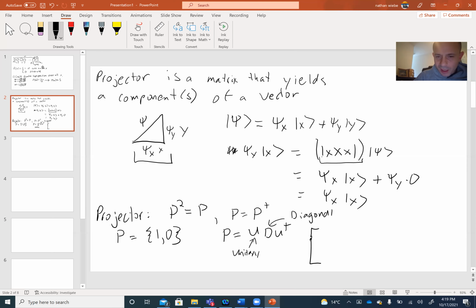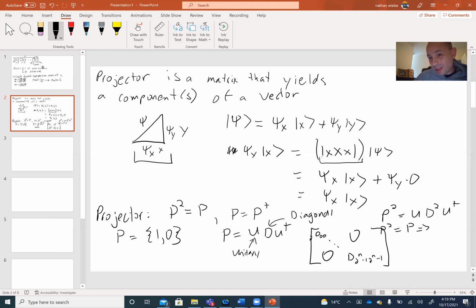So P squared then is just equal to U D squared U dagger, just by multiplying this through. And so P squared is equal to P implies that the diagonal matrix D, which is of the form D0, D1, up to D 2 to the n minus 1, with 0 everywhere else, this guy squared has to be equal to itself.